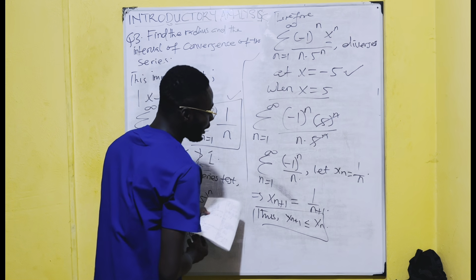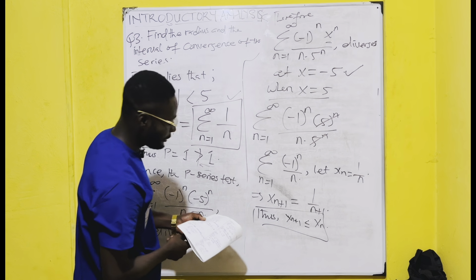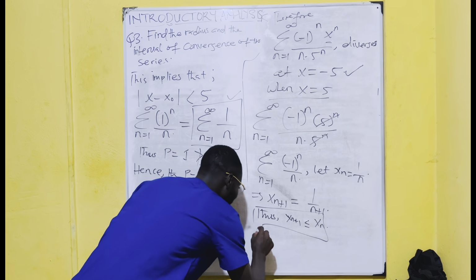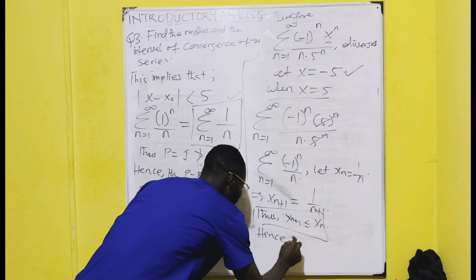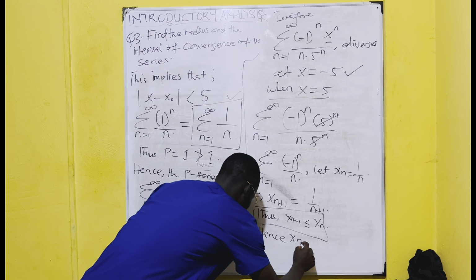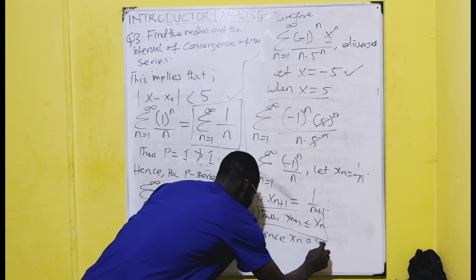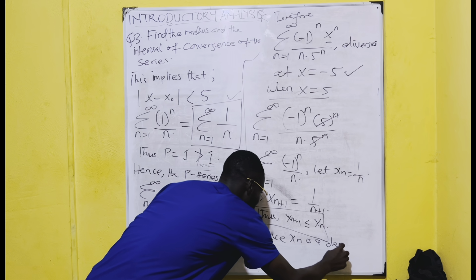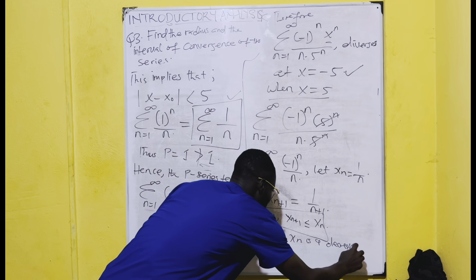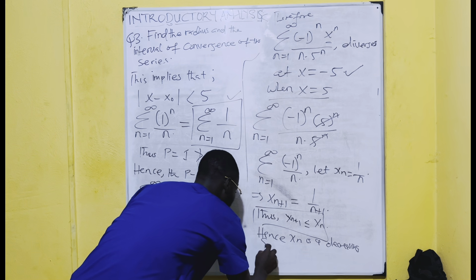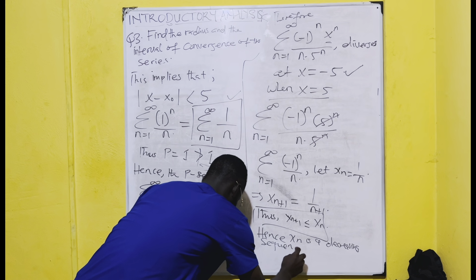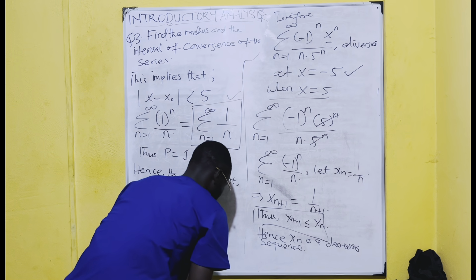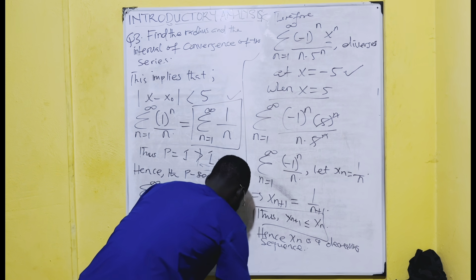Right? Sn plus 1 is less than or equal to Sn. So we say that hence Sn is a decreasing sequence, all right?